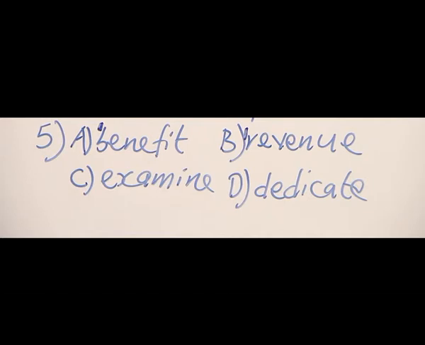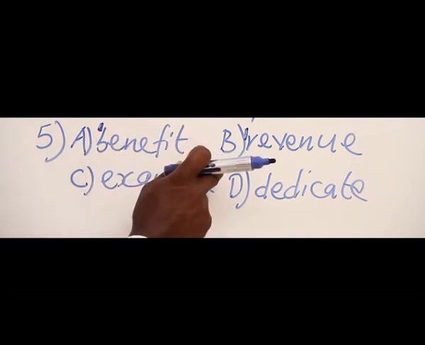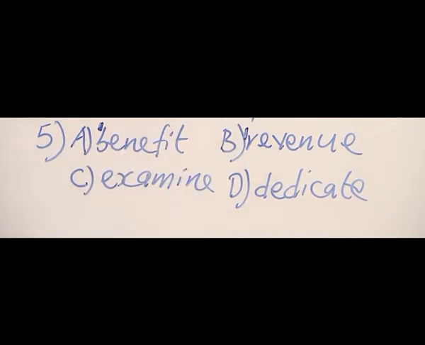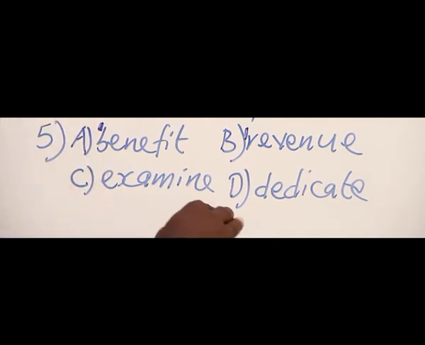Okay? Now, having located that, it therefore means that option A and option B can't be our answers because they have the same stress pattern. And we're talking of odd pattern. So, obviously, our answer is either C or D. Now, let's look at option C. How do you pronounce that word?